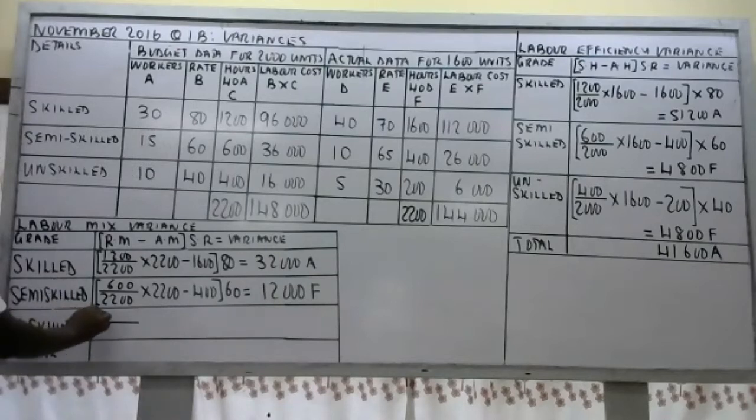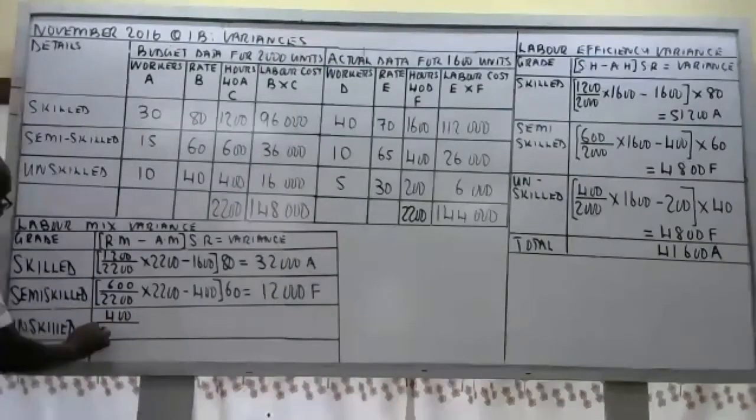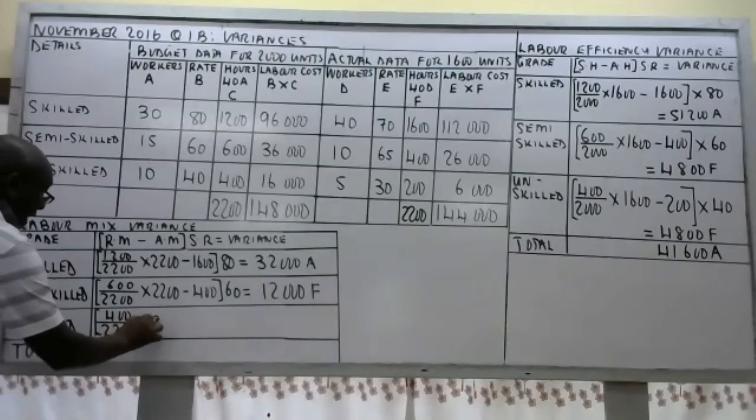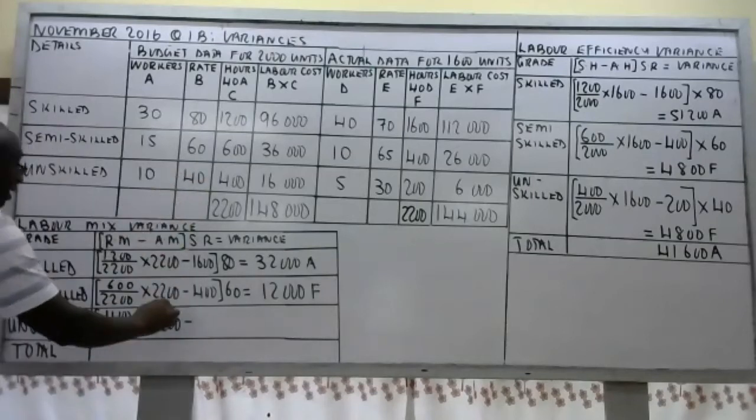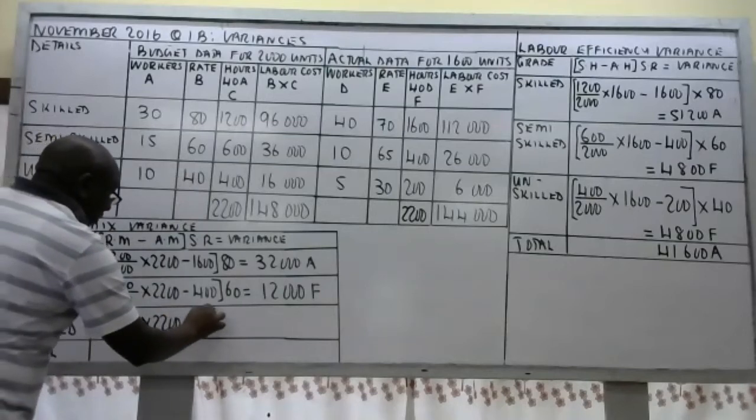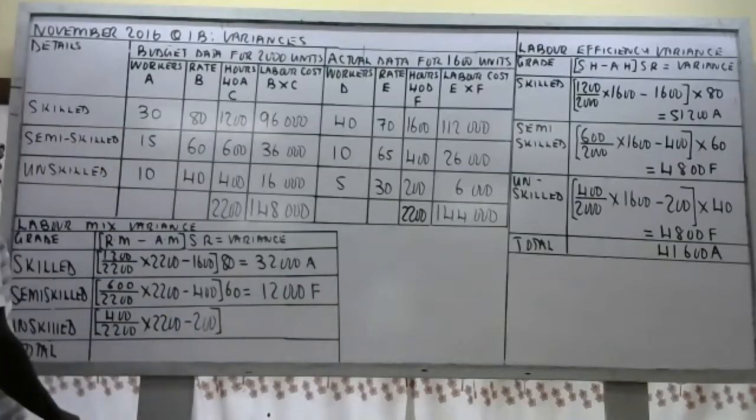And then here I have 400. You divide by 2,200, multiply by 2,200, minus the actual there of 200, at the standard rate of 40.